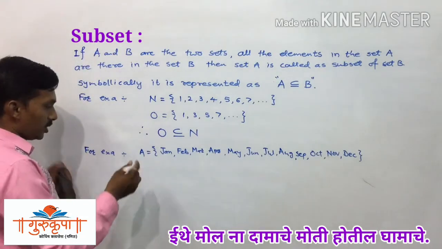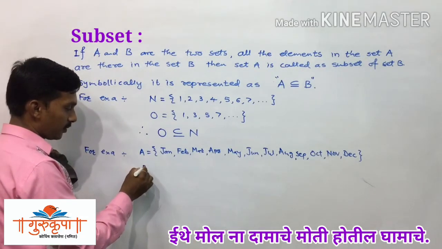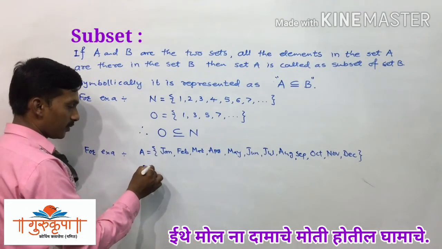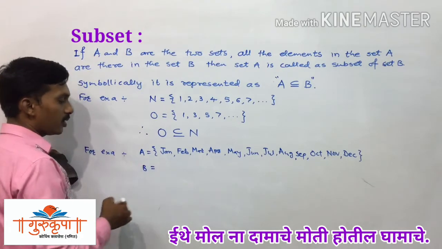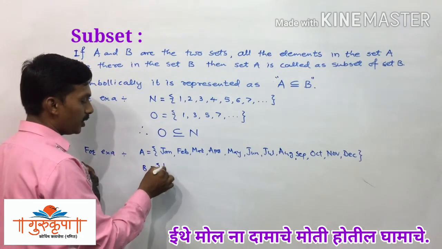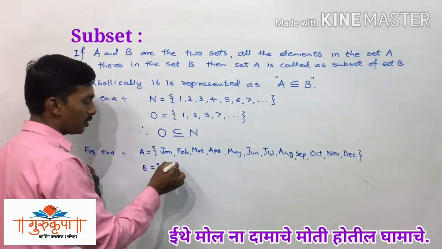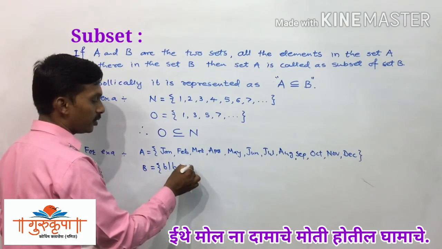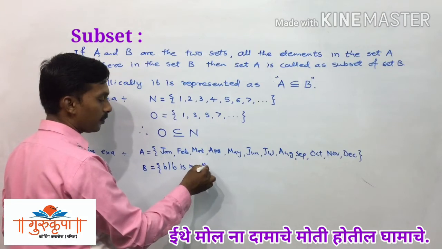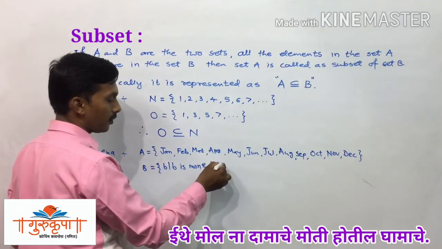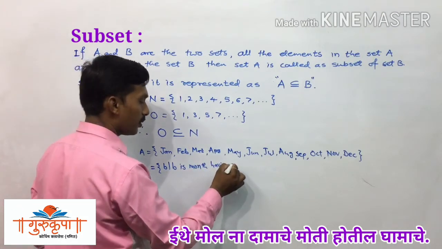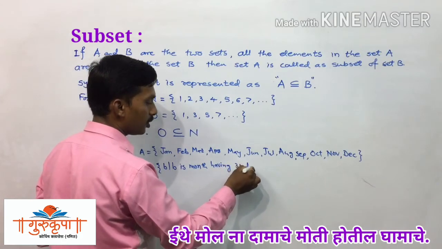And now this is B = {B such that B is a month having 31 days}.